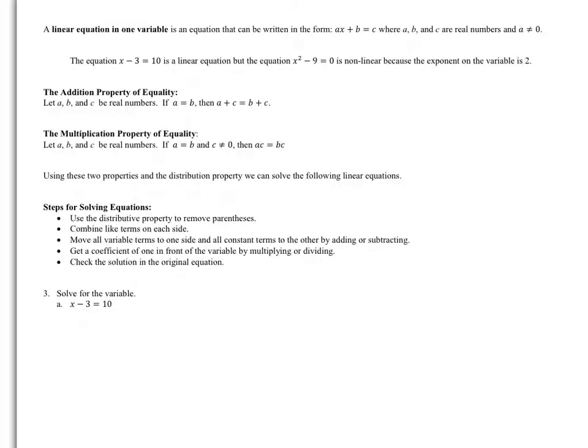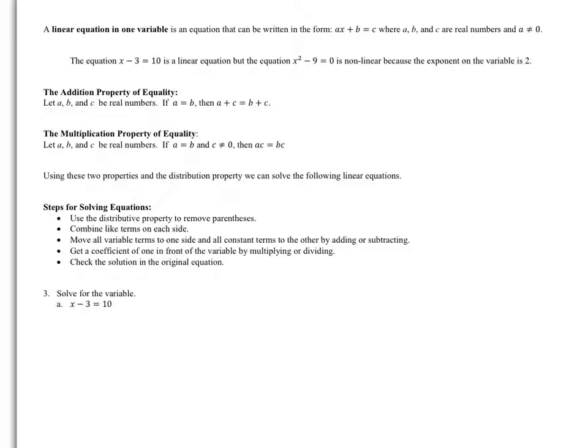Now let's look at linear equations. And what are they? Well, a linear equation in one variable can be written in the form ax plus b is equal to c. a, b, and c are just real numbers. a can't be equal to 0, otherwise it's just an equation of constants. x is the variable.